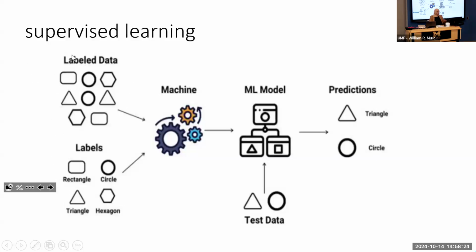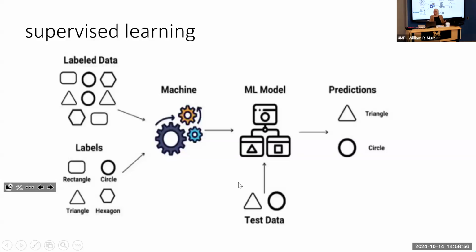So we are in a context of supervised learning. We are going to give that to the machine, and somewhere there is a machine learning model that is going to learn. And whenever we present this model with a new sample that it has never seen before, it has the same labels that it has been trained on.